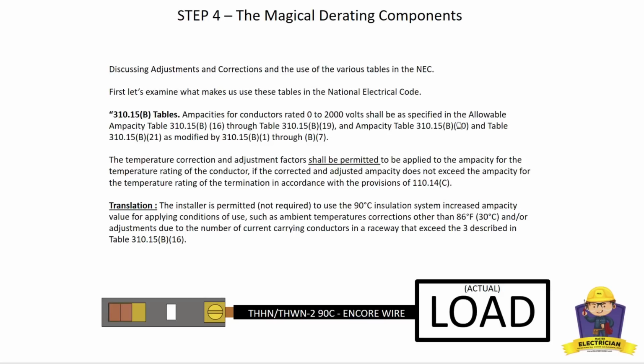I mean, you could use these, and all this is saying is the tables here in 310.15(B)(1) through (B)(7) could modify the values that are given in these ampacity tables. Just making you aware of that, that's all it's saying. And that's the kind of table setup. For example, when we're dealing with ambient temperature, it's actually 310.15(B)(3), and that falls between (B)(1) and (B)(7).